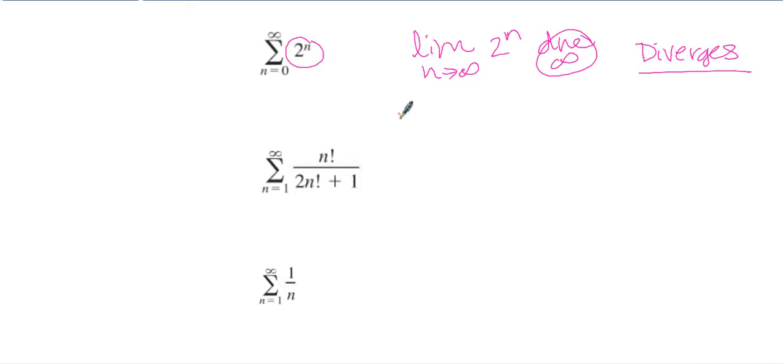Here's one with factorial. We're going to do the limit as n approaches infinity of n factorial over, now notice that this is not in parentheses, 2 times n factorial plus 1. This is a lot like a polynomial where they have the same degree. No matter what number I plug in for n, this number and this number are going to be the same. If I do 3 factorial, I'm going to have a 6 here and a 6 here.